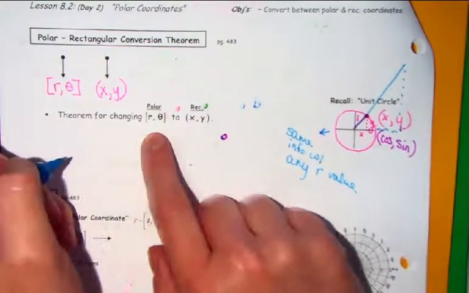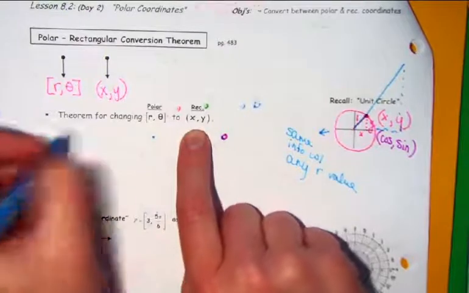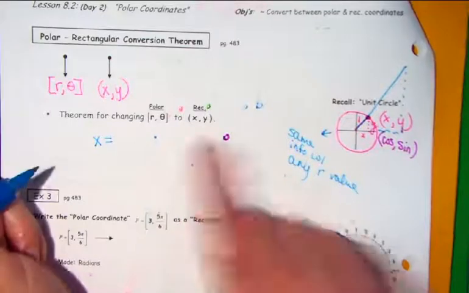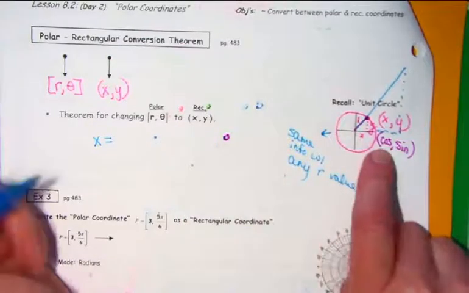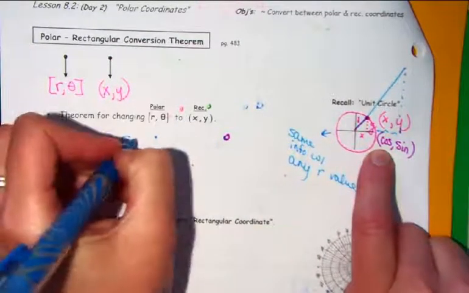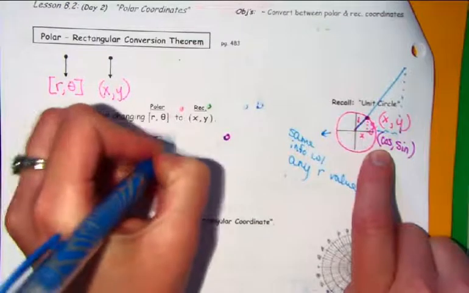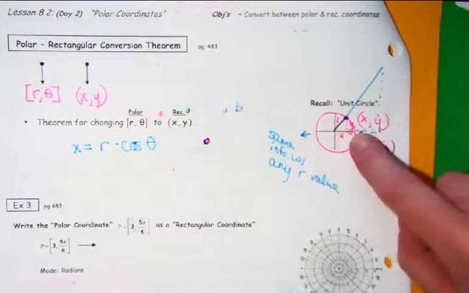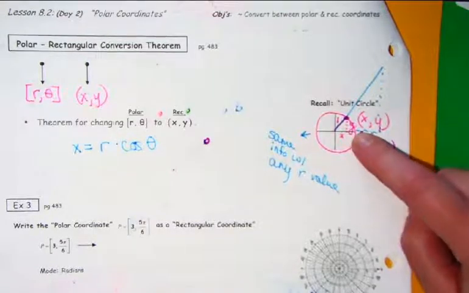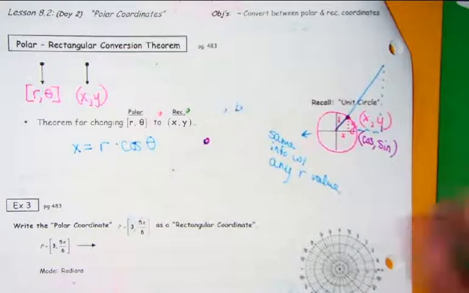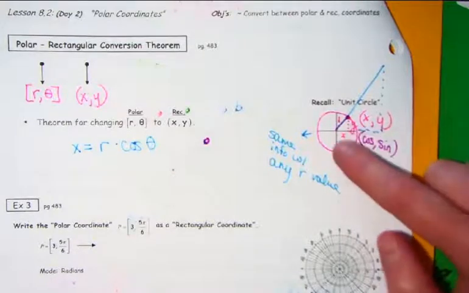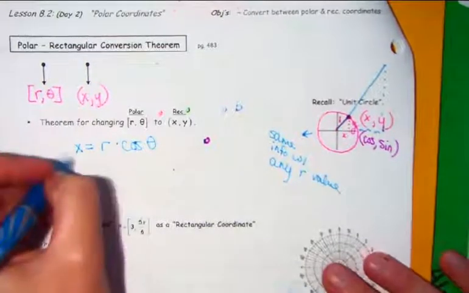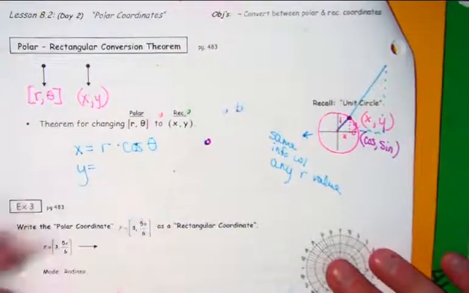So to change from a radius and a theta to an x and a y, here are the 2 equations that we need. Our x, instead of just being cosine of our angle, is going to be the radius times the cosine of the angle. You see how it's the same, we're going to have the same ratio of values going on for that sine or cosine based on our angle measure. It's just the length that we're moving, that we're changing. You want to take a guess what our x is going to equal?